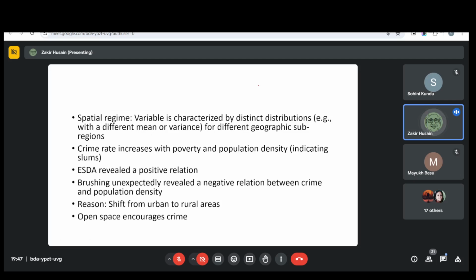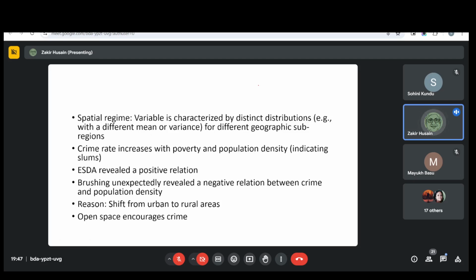Well, one reason can be that as we are brushing, we move from a predominantly urban area to another region, a set of regions where urbanization levels are very low.